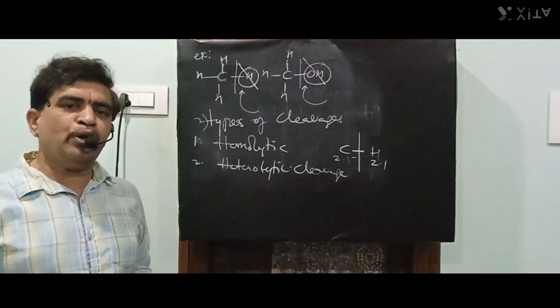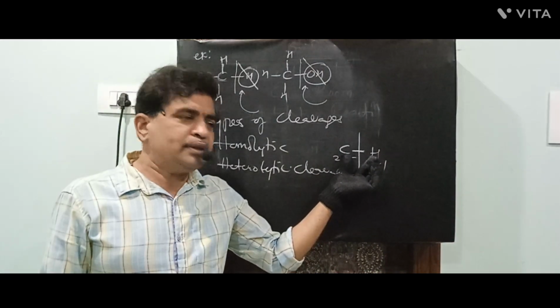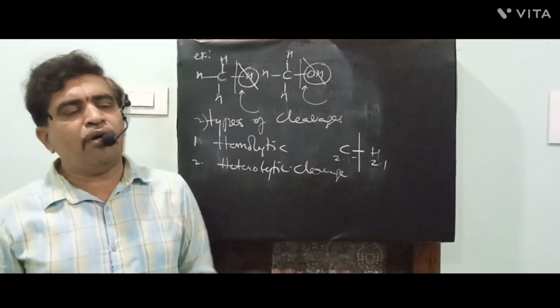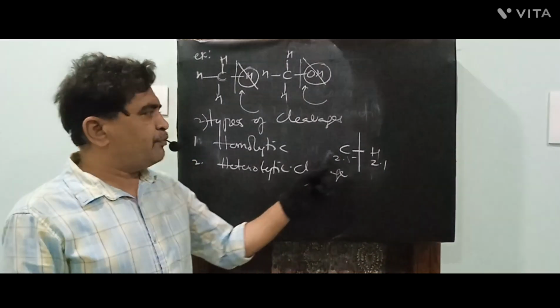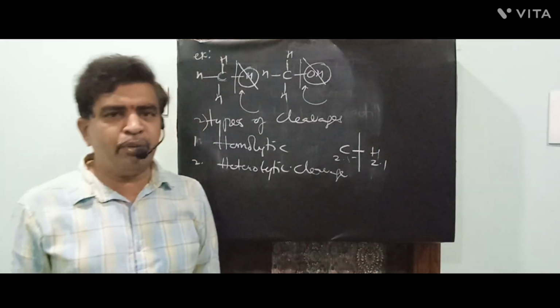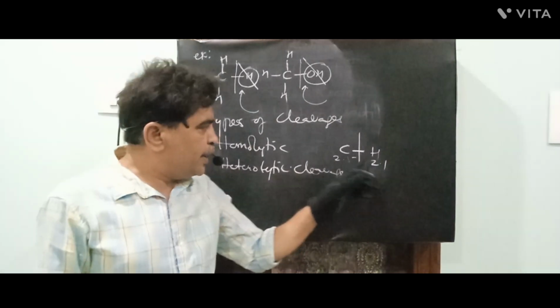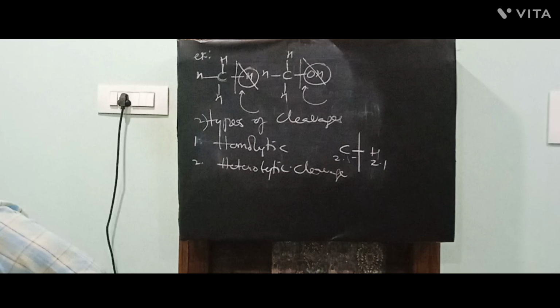The first type is homolytic cleavage. Here the 2 elements in the bond have the same or nearly the same electronegativity, so the difference is very small. When such elements form a covalent bond, it is broken homolytically. We will explain how.